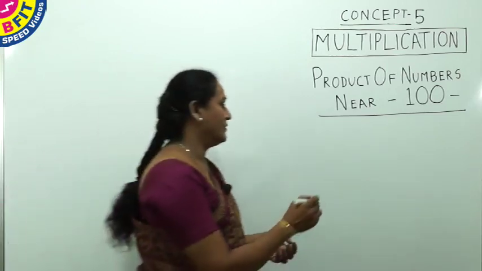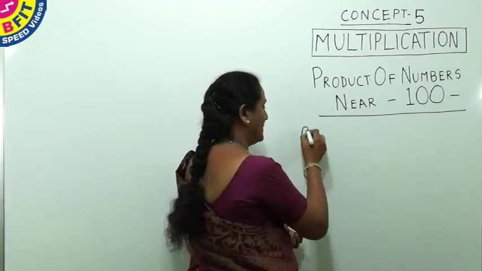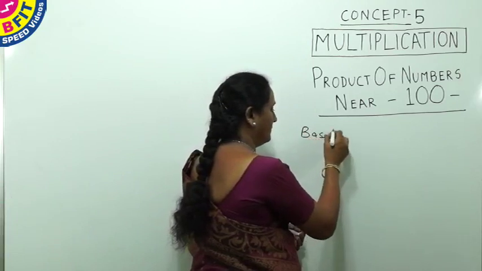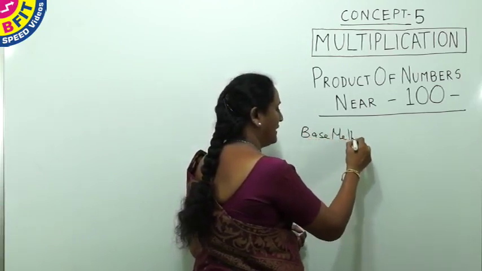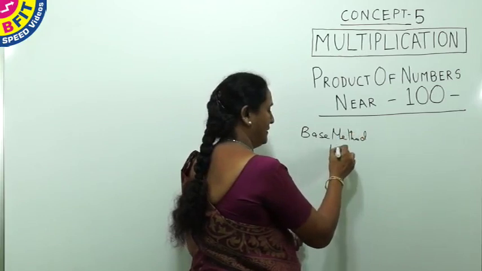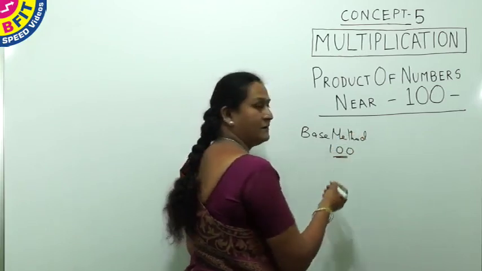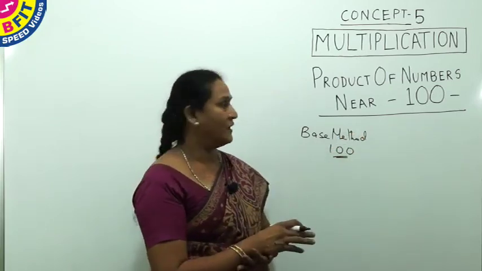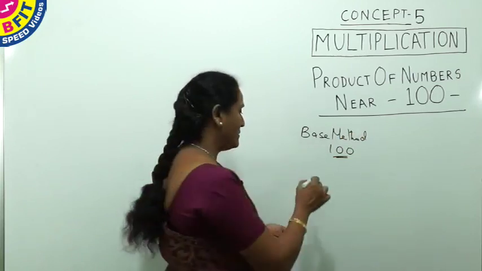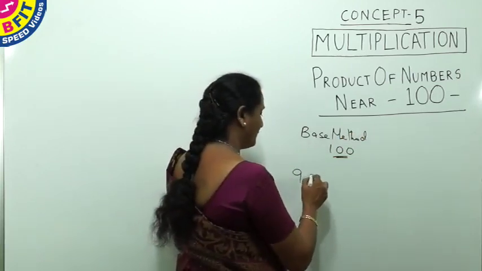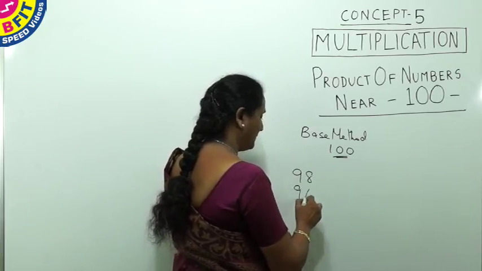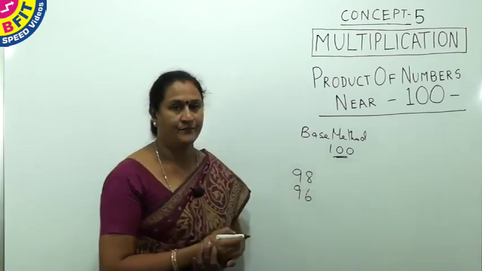So using the base method, here we have taken the base as 100. The numbers lesser than or more than 100 we are going to discuss. What will be the product of 98 and 96?